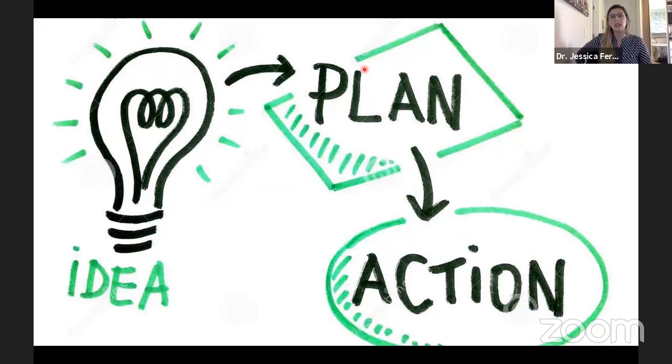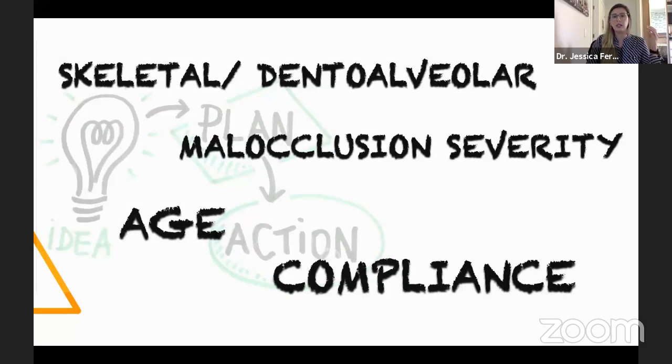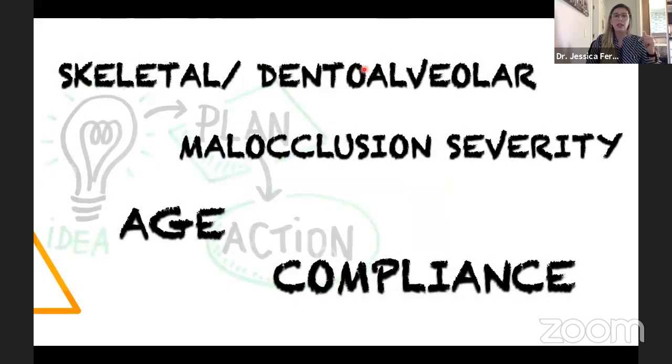So in the treatment, like any other malocclusion, we have to consider the skeletal and dental alveolar discrepancy, the malocclusion severity, the patient age, and the compliance to plan our treatment.